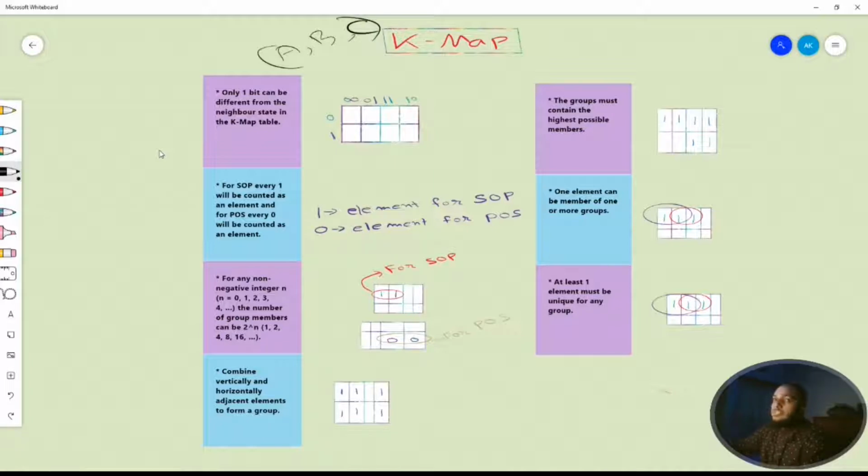So we have a function of only 3 inputs. So we need to organize the table in such a way that the neighbor states differ from each other by only 1 bit. Let's see what I mean. I have 3 inputs, so I will write one input row wise and I will write 2 inputs column wise, or you could write 2 inputs row wise and 1 input column wise.